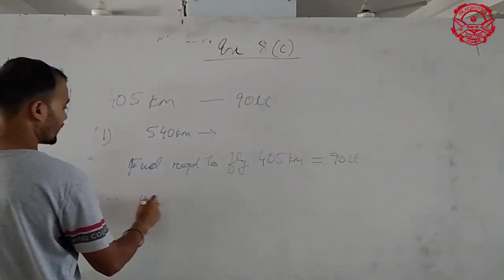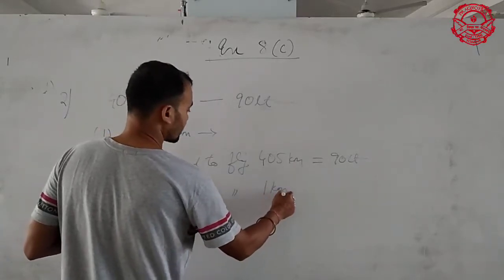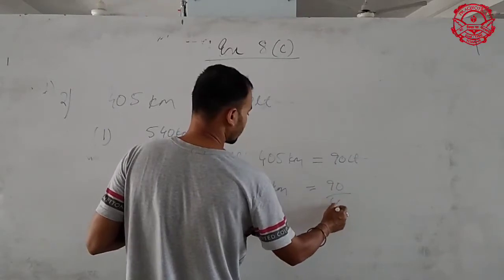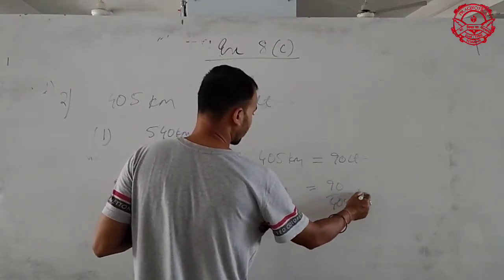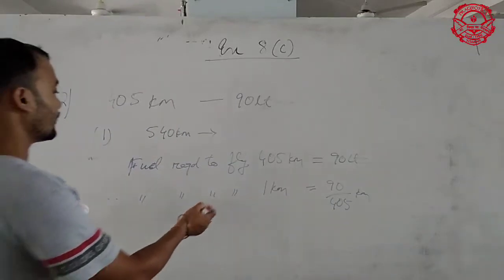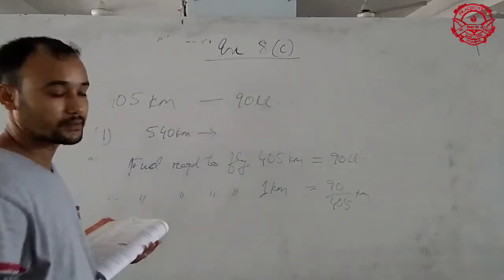Therefore, fuel required to fly 1 kilometer is equal to 90 by 405 liter.